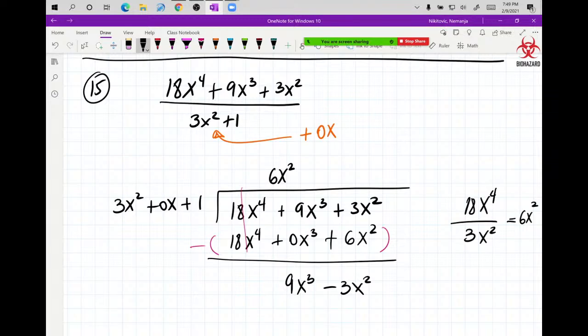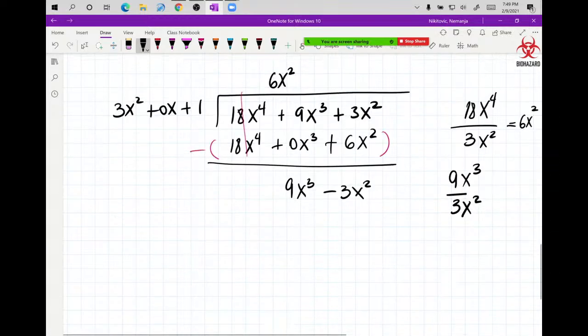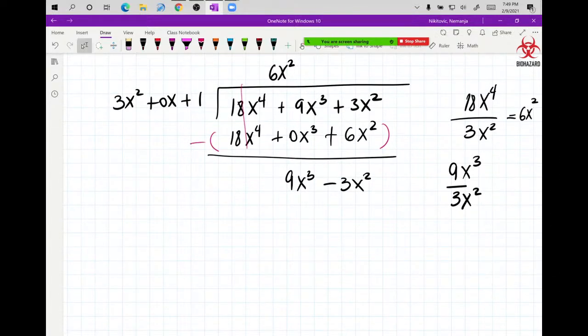So now you go on the side and you say 9x cubed divided by 3x squared. Well, 9 divided by 3 is 3, and then a single x, right, when it cancels, survives. So plus 3x on top.